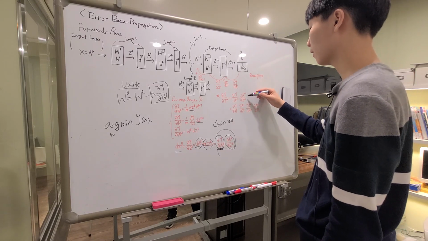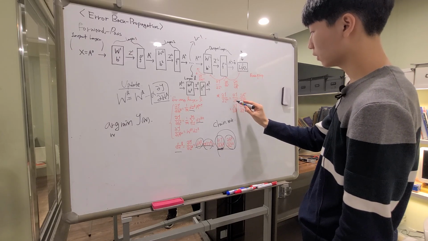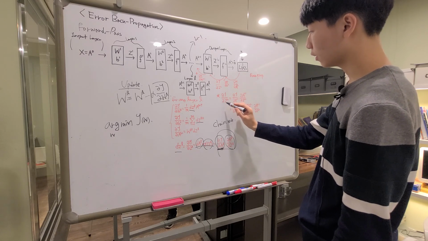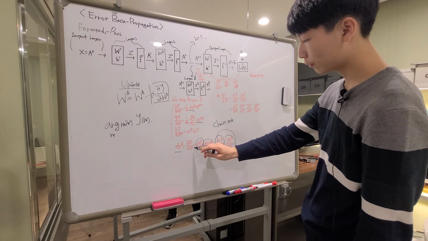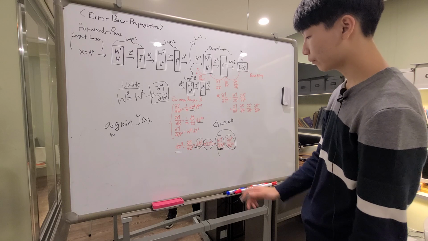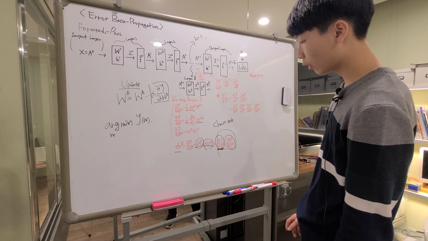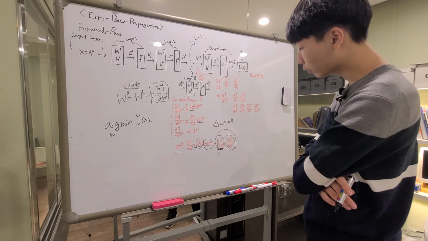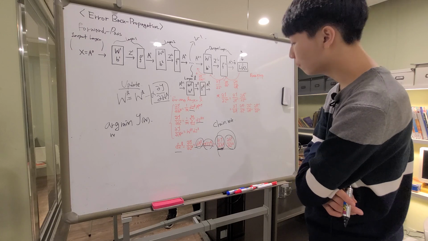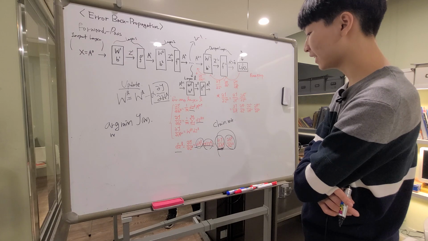Here we can see that, as we've seen, we need to multiply dAL, which is the derivative of the cost function with respect to AL, by the derivative of the activation function on that layer with respect to ZL.